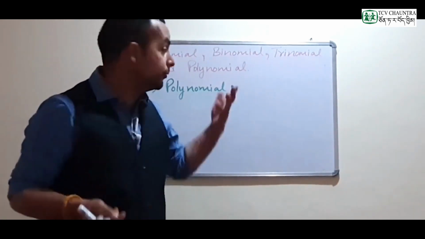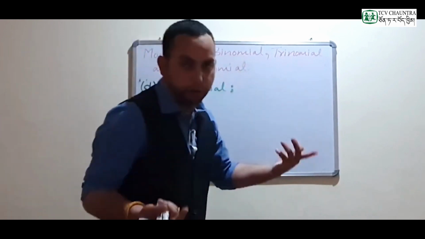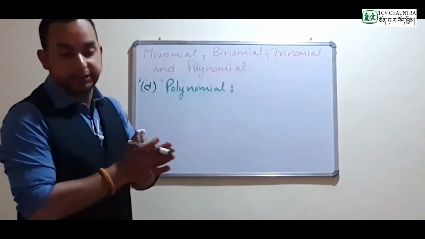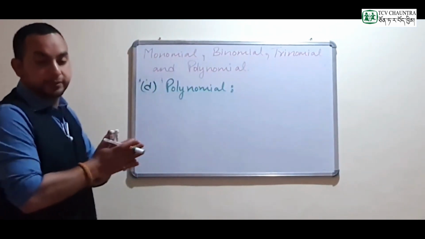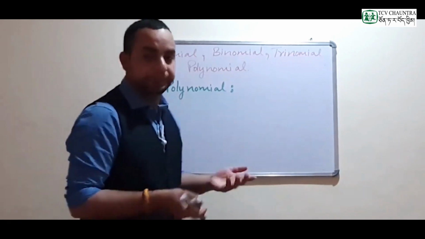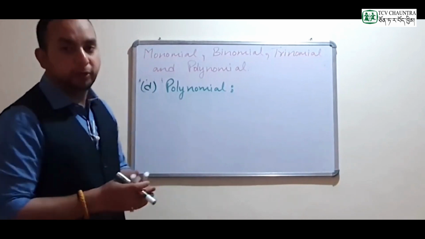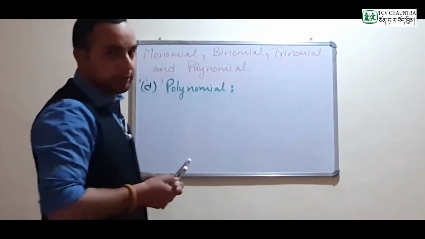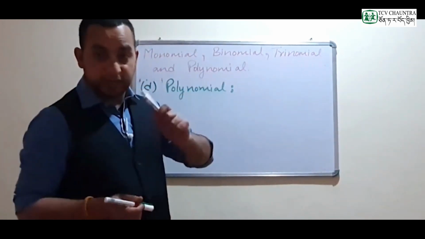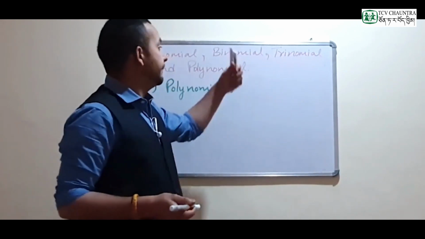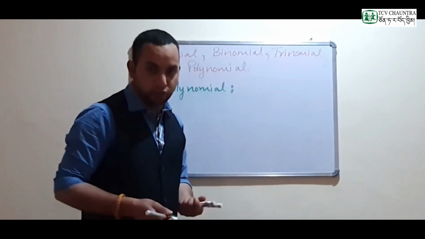It could be monomial, it could be binomial, it could be trinomial, right? In polynomial, number of terms can be 1. In polynomials, number of terms can be 2. In polynomials, number of terms can be 3. So in polynomials, we can have monomial, binomial, trinomial and so on.